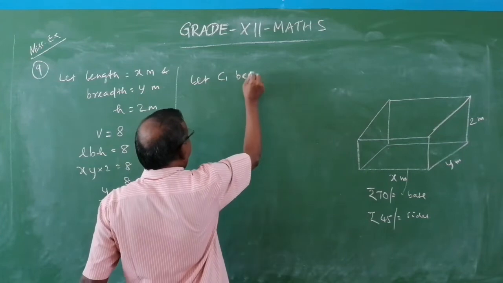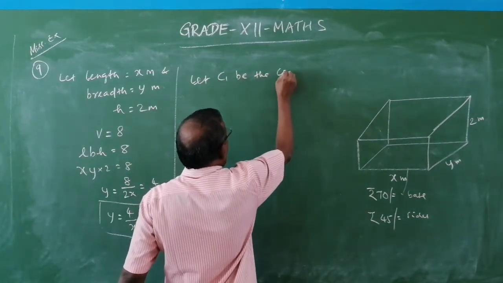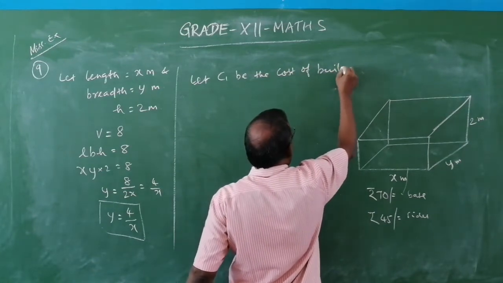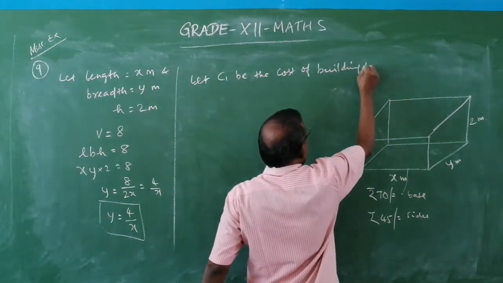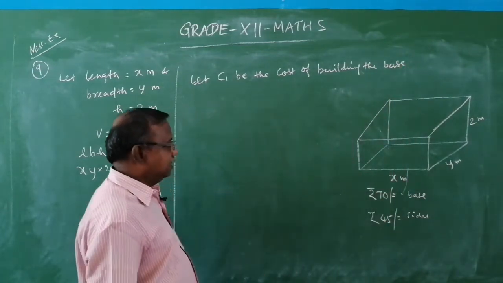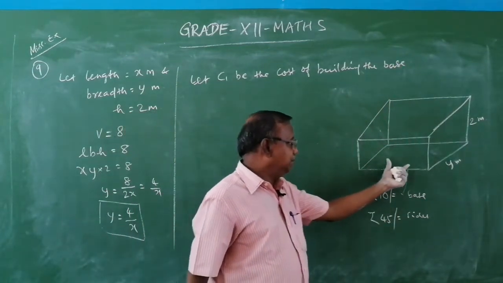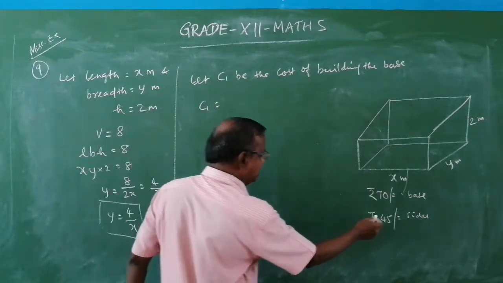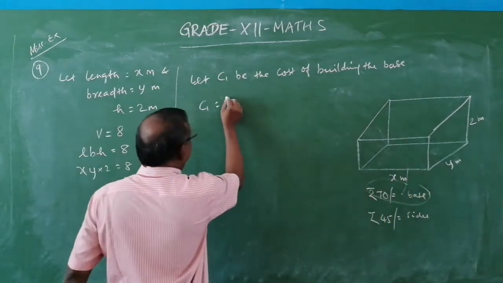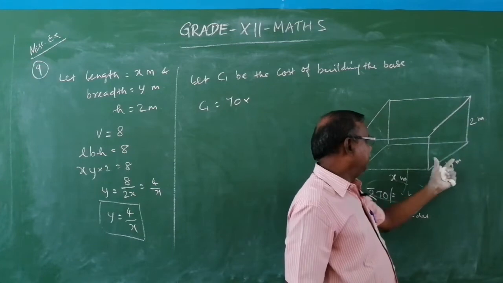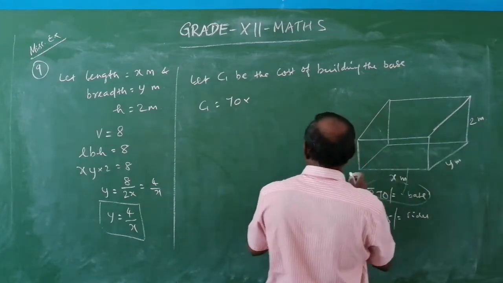Let C1 be the cost of building the base. So the cost is amount into area of the base. Here the amount for the base is rupees 70 into the base area, x into y.